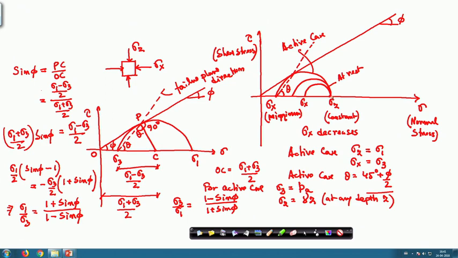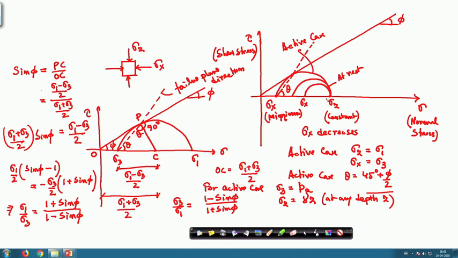So, if it moves away from the backfill, then there will be an extension in the element and the lateral stresses in the element will decrease. But if wall moves towards the backfill, then there will be a compression in the element. Okay? So, that means the lateral stress in the element will increase, but your sigma z value will remain same.